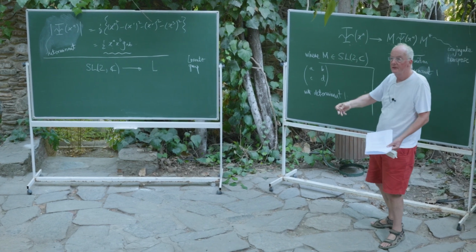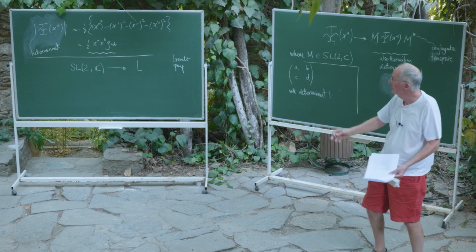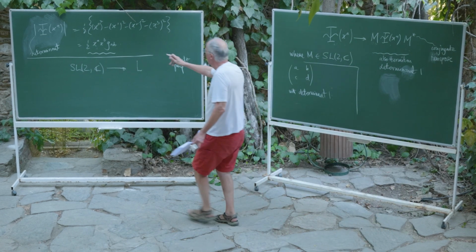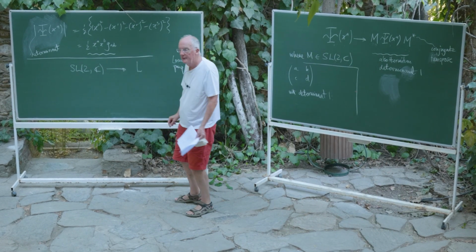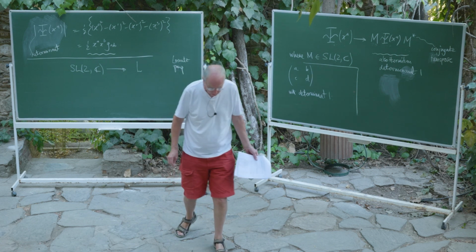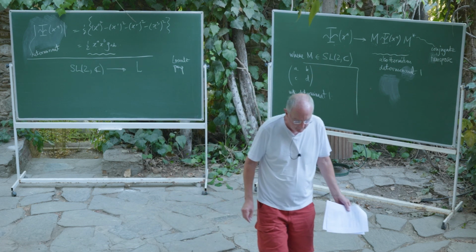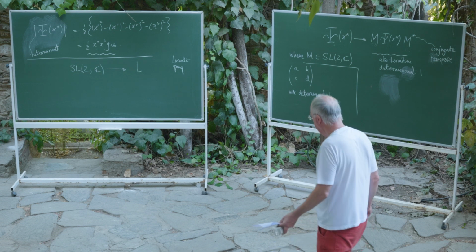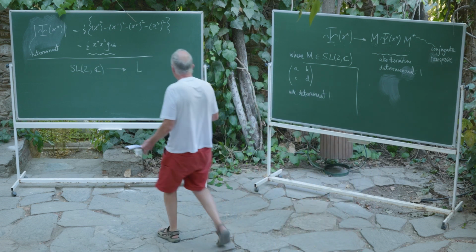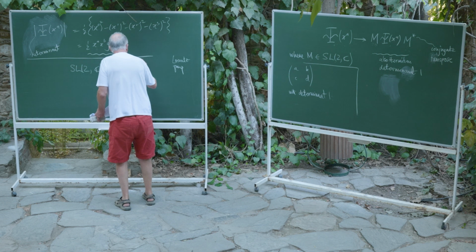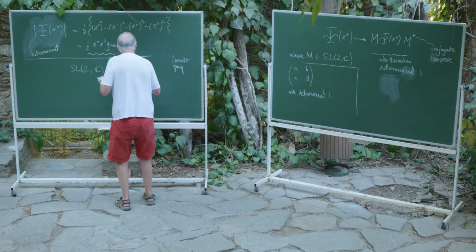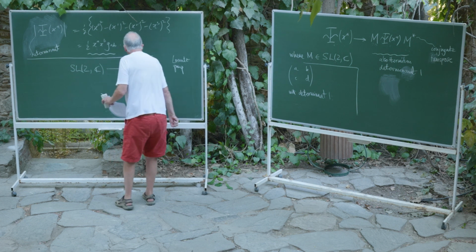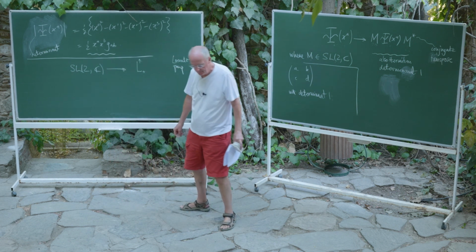And this is a linear transformation on space-time which preserves the Minkowski length, and therefore it's a Lorentz transformation. And in fact, it maps into that part of the Lorentz group which is denoted like this. I'll explain what that is next.